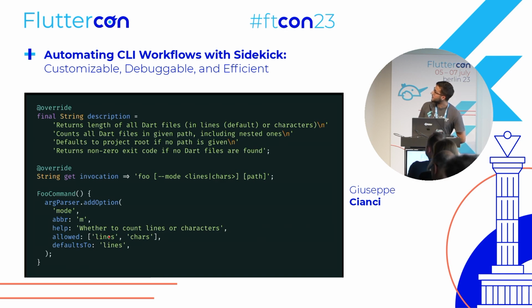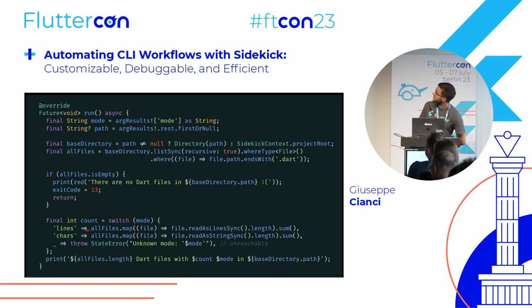So the arg parser makes sure it is one of these two values. If not, it's not even going to execute my run method because it's going to print a warning way earlier. So I write a switch, a pattern matching for these two values. And this default case here is just to make the compiler happy because it doesn't know about this.